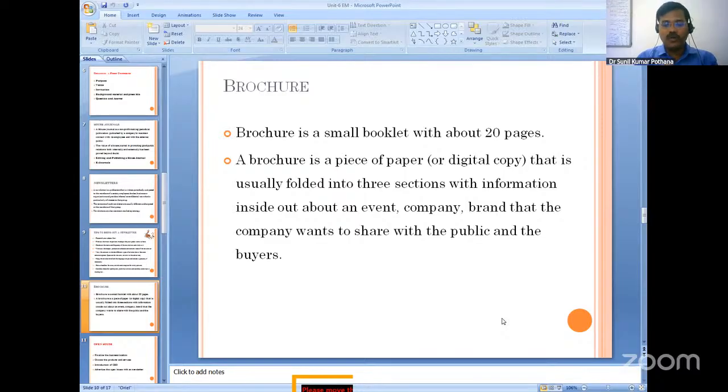Generally, we see brochures in 1 fold, 2 fold, or 3 folds like this. It generally contains minimum pages, like 12 pages, or 16, 18, 20, or 24 pages.